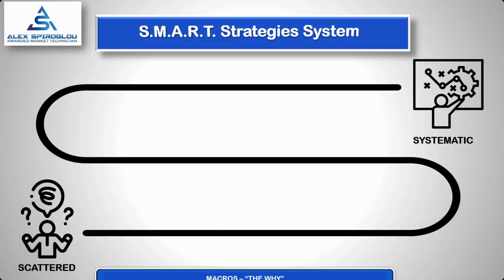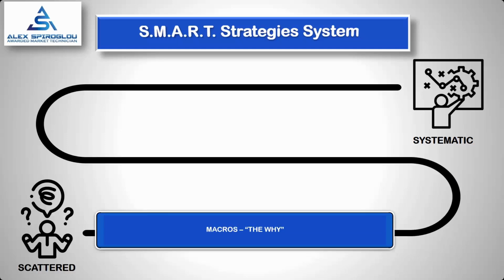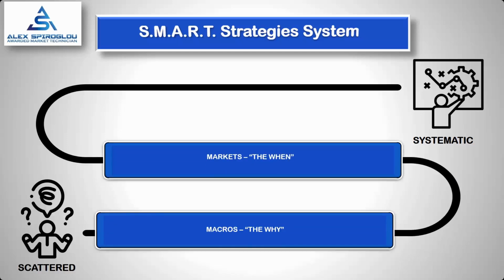The first thing is, how do you combine technicals and macros? We have to look at the macros first. I always start with the macros, because the macros are the why, and that's very important. Secondly, I proceed to the technicals, actually the markets themselves, not the background information.